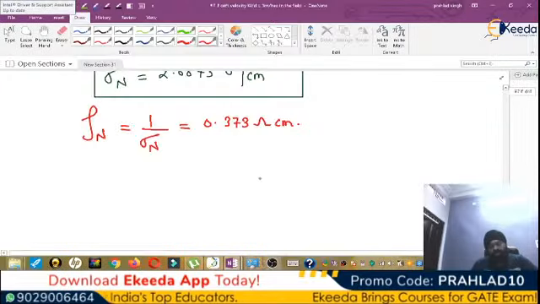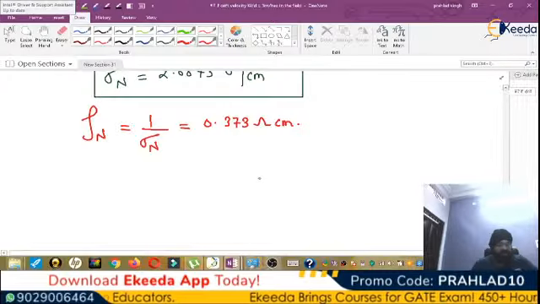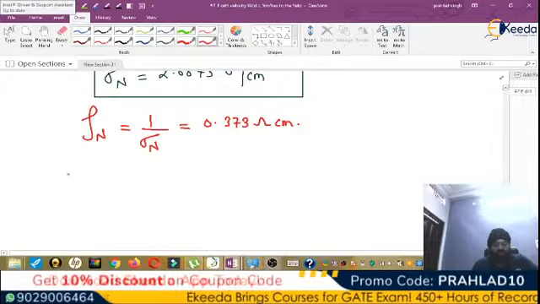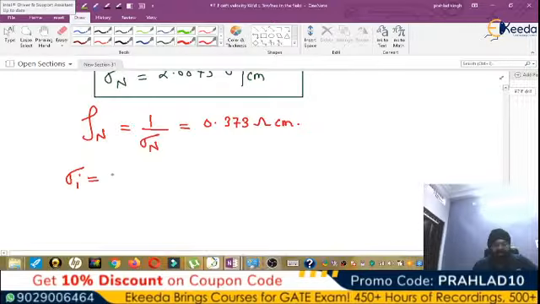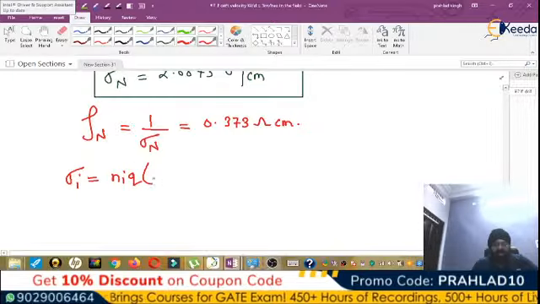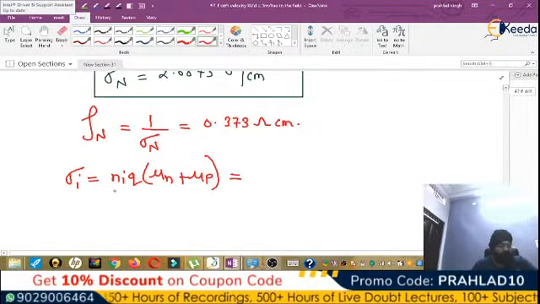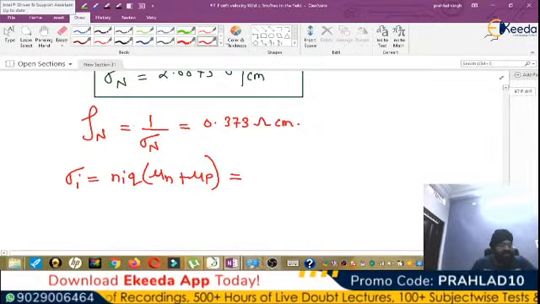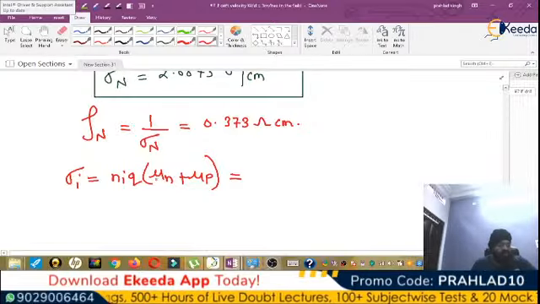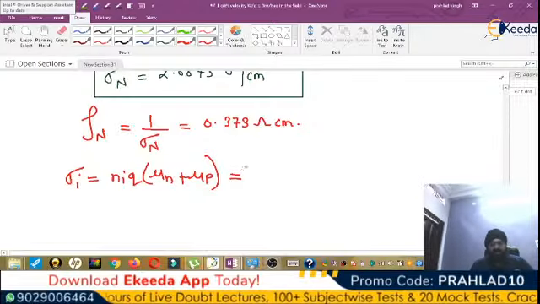So the next question is how many times the conductivity will increase because of doping. So we have to calculate first the intrinsic conductivity, which is Ni q (mu n plus mu p). Ni is given as 2.5 into 10 to the power 13.